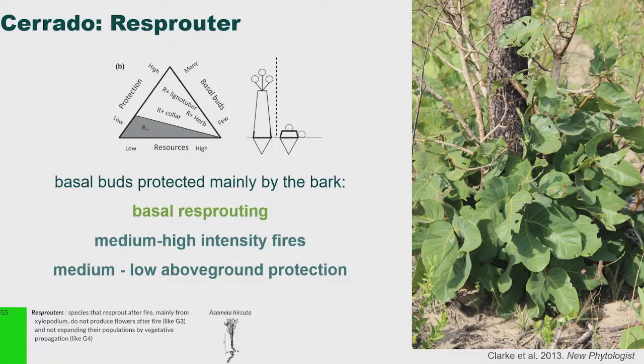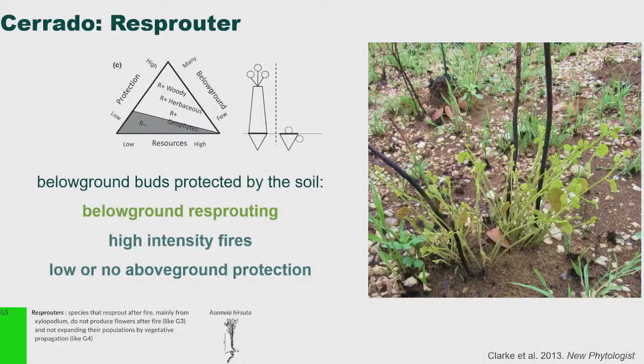This is an example of a Fabaceae, Hymenaea stigonocarpa, from the Cerrado. It's a tree, has buds all over, and after a low to medium severity fire, it was resprouting from the base. So we also sometimes have fires of high intensity, or plants that don't have above ground bud protection.